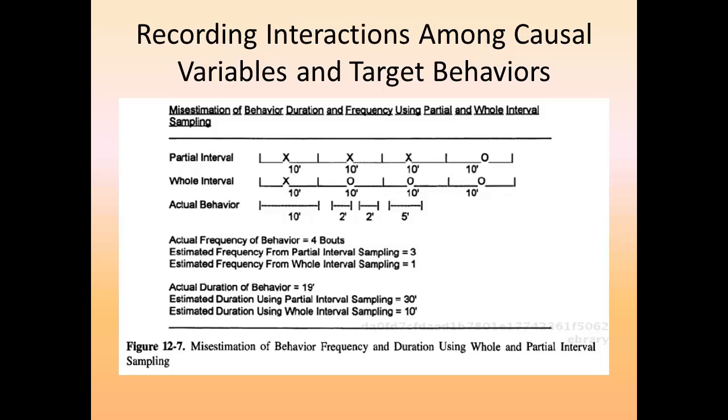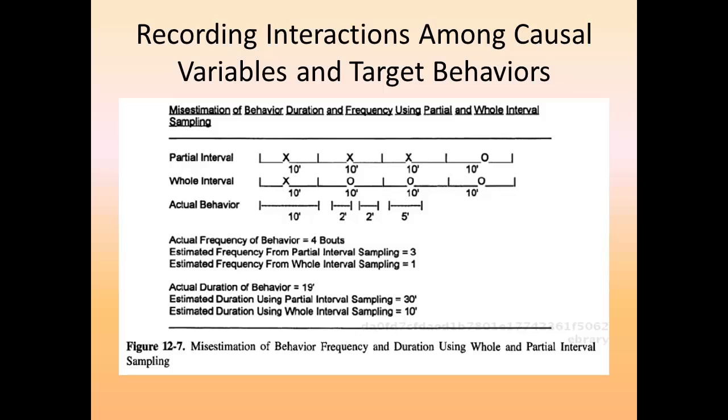The authors describe several different methods of sampling strategies, such as event sampling, which is sampling the occurrence of a target behavior during a specific interval of time. Duration sampling measures the amount of time that has elapsed between occurrences. Interval sampling divides an observation session into discrete intervals that can last from seconds to hours.